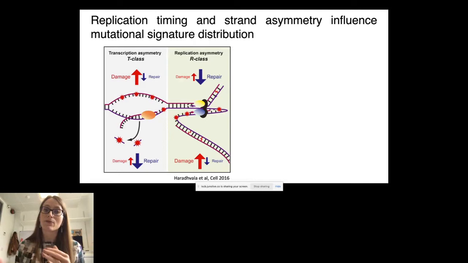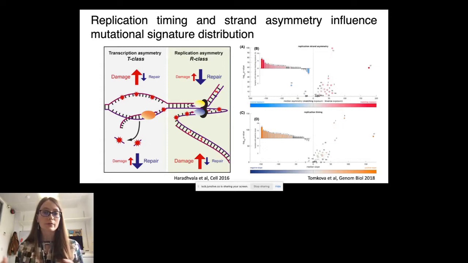And also the efficiency of repair is different on the leading and on the lagging strand. Having analyzed these types of effects, several groups in the past have found that certain mutational processes show a very strong transcriptional or replication strand bias.